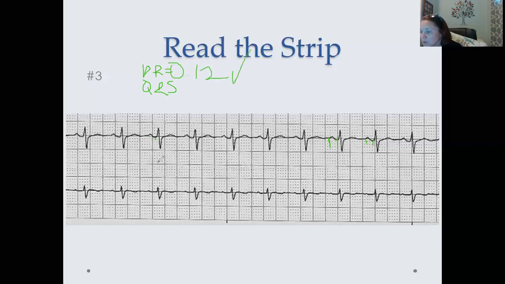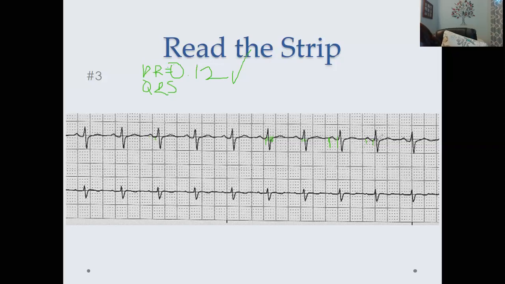We are good. QRS. I'm going to go with this one here. Let's see, we've got 1. Gosh, these dots are hard to see. 2, maybe 2.5. Yeah, I think about 2.5 boxes here.